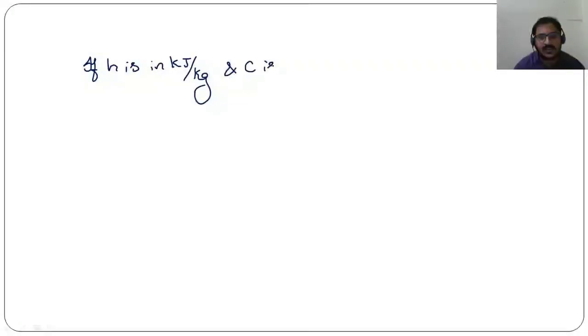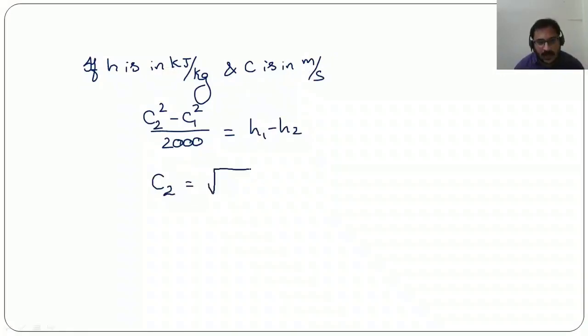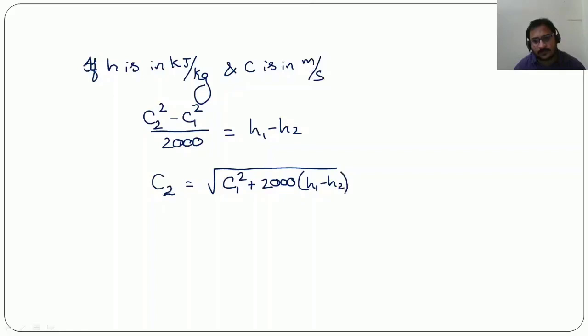Suppose if enthalpy is in kilojoule per kg and velocity c is in meter per second, then you should write the expression like this: c2 square minus c1 square by 2000 is equal to h1 minus h2, and from this c2 will be equal to under root of c1 square plus 2000 into h1 minus h2.